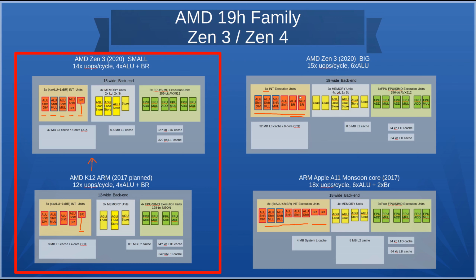So most of the time this unit will be disabled by branching, so it will be kind of 5 LAU units wide in the code, running some loops. This is the maximum variant I expect from the Zen 3. This is the minimum variant, and there could also be something in between. In between could be 5 LAUs with shared branches on those last 2 ports. So this is the middle variant.